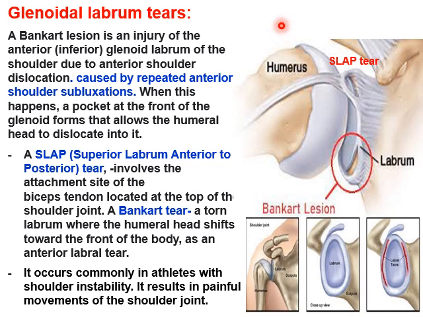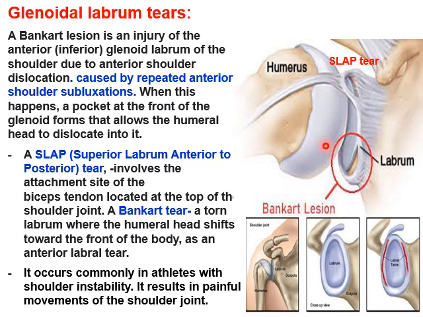Glenoidal labrum tears. So these are the glenoid labrum tears. If it is at the supraglenoid tubercle, it is called a SLAP tear, which means superior labrum anterior to posterior tear. And there can be a tear antero-inferiorly, which is called Bankart's lesion. This usually occurs, as we said, when there is laxity of the fibrous capsule lower down in the inferior aspect.